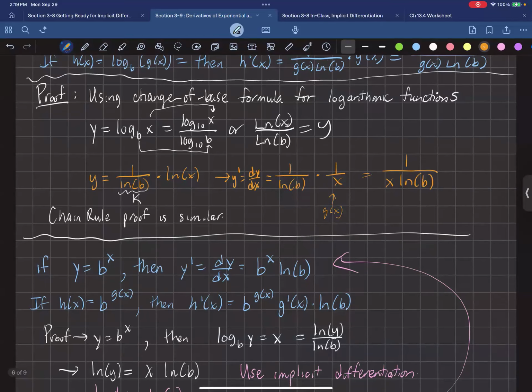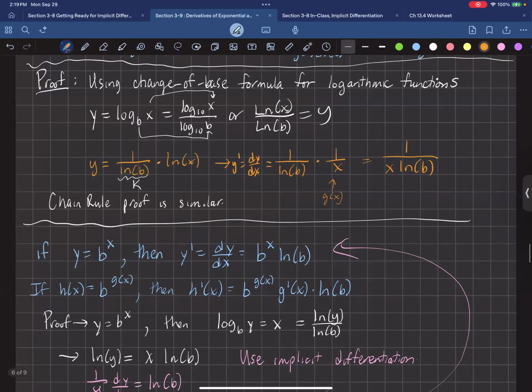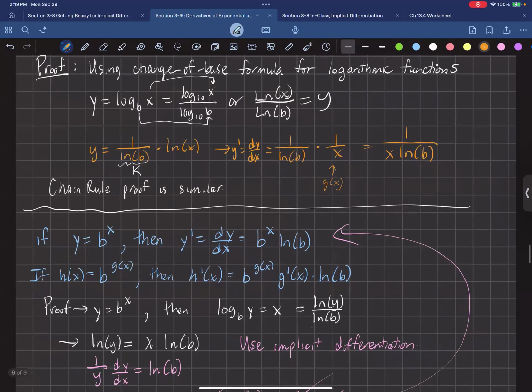So the proof: y equals b to the x is the same as writing log base b of y equals x, and that equals ln of y over ln of b. When I clear fractions, I move the ln of b to the other side by multiplying through, and I get that. Now we have to use implicit differentiation. The derivative of ln of y is 1 over y times dy dx.